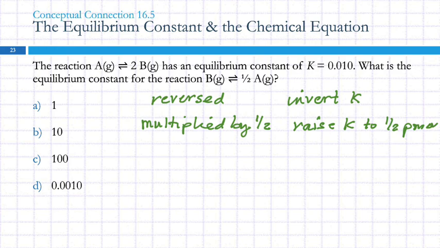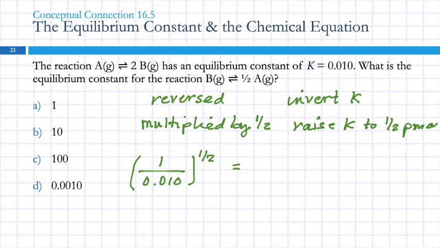So K is 0.01, so 1 over 0.01, and then the whole thing to the 1/2 power. What is 1 over 0.01? 100.